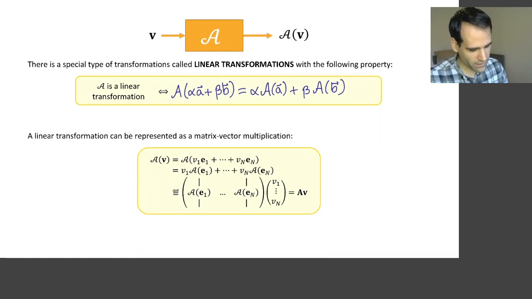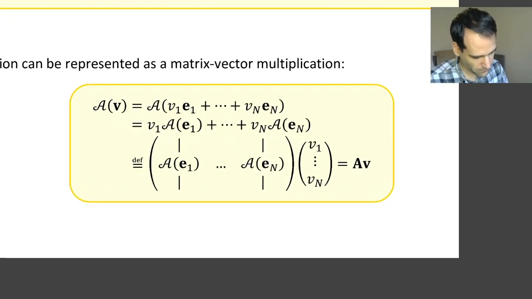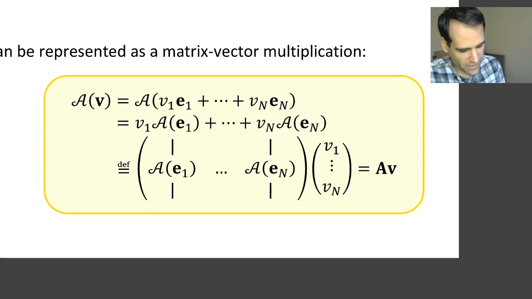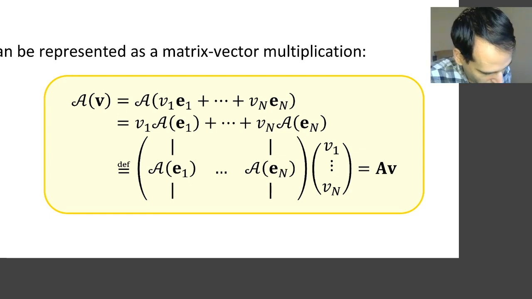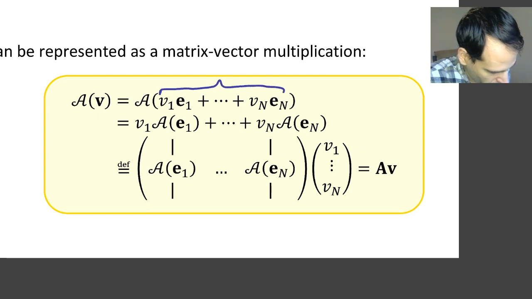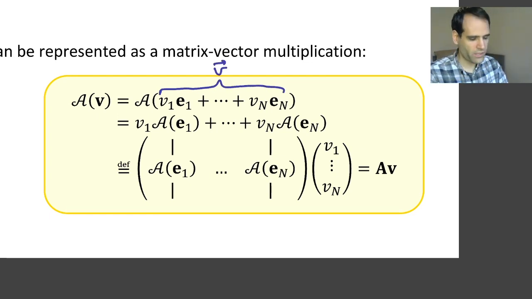Okay, so next thing you saw is that every linear transformation can be represented as a matrix vector multiplication. And this is how it worked. For the linear transformation of a vector V, you can always write vector V by expanding it in a certain basis.